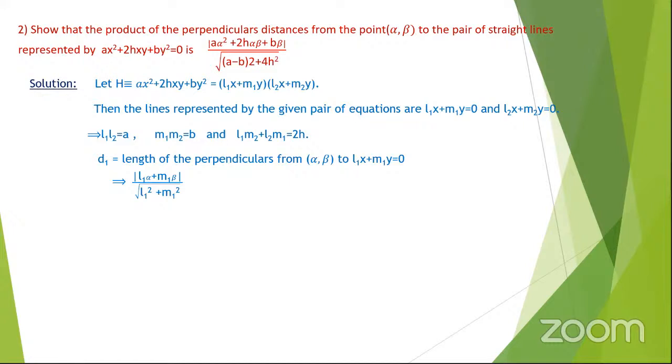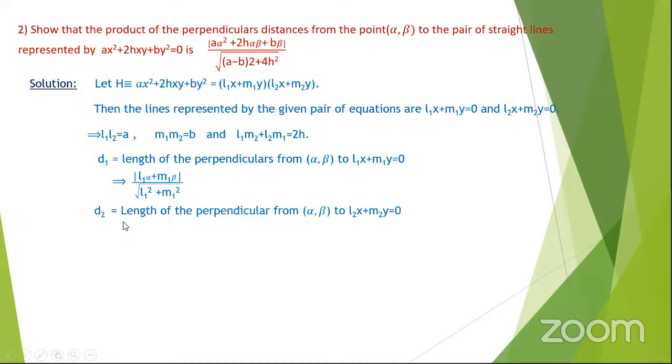Using that formula, in place of a we have L1, and in place of x1, y1 we have alpha and beta, while in place of ax plus by we have L1x plus M1y is equal to 0. Hence we get L1 alpha plus M1 beta by under root of L1 square plus M1 square.